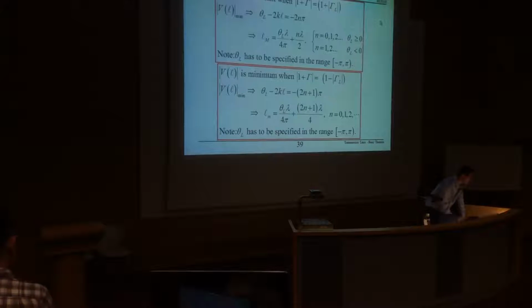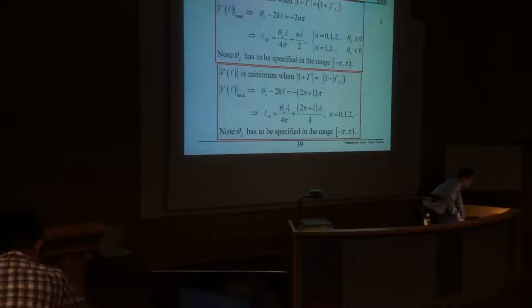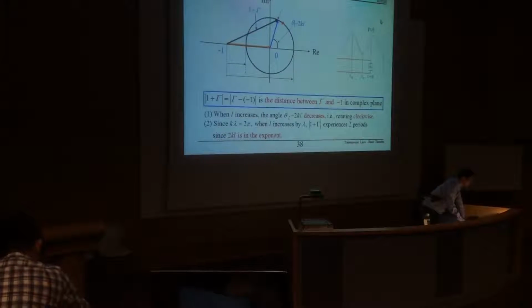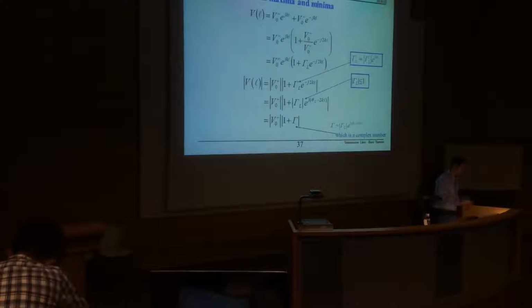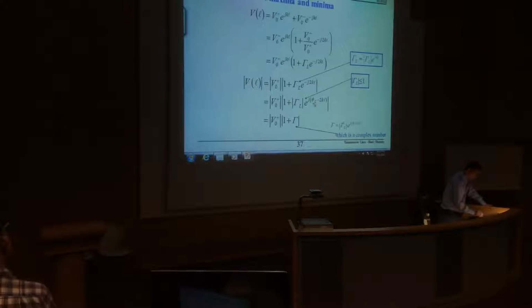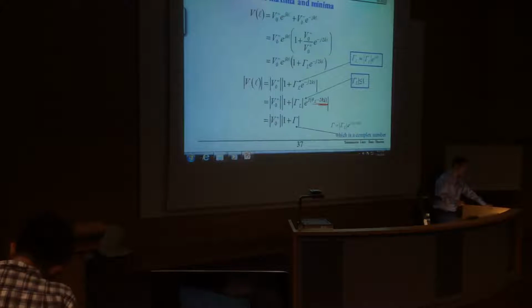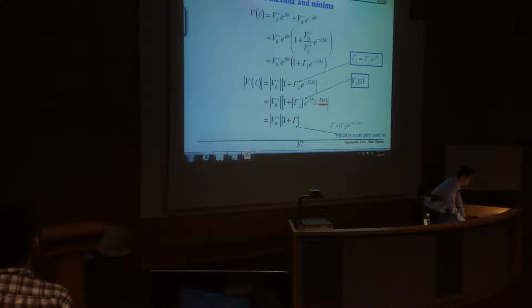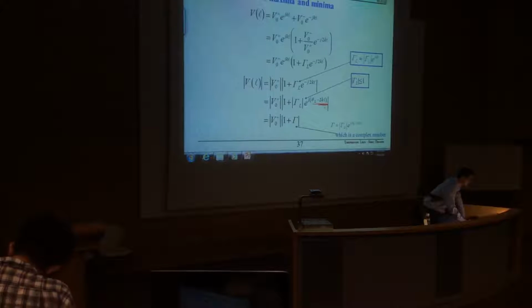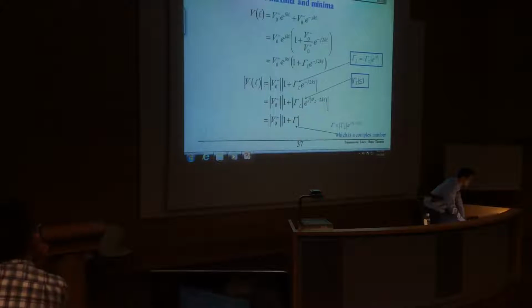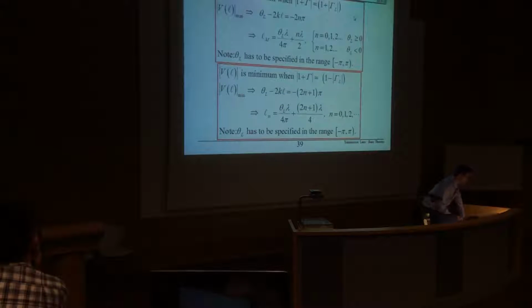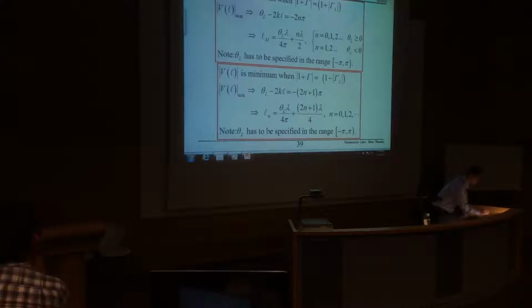To have the maximum value, similar to the previous, this cosine term should be 1, or this phase should be minus 2m pi.